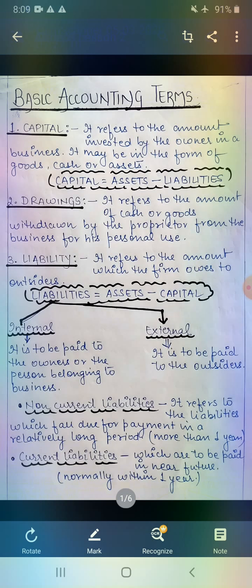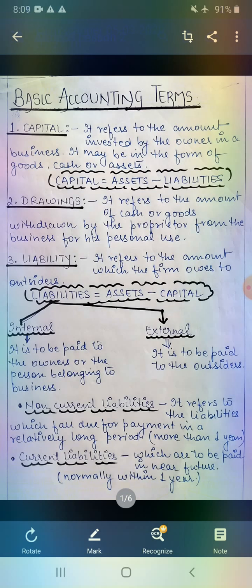A long-term loan means a non-current liability, and the liabilities which are to be paid within 1 year are known as current liabilities. I repeat once again for you all. The liabilities which are to be paid after 1 year are known as non-current liabilities, and current liabilities are those liabilities which are to be paid within 1 year.